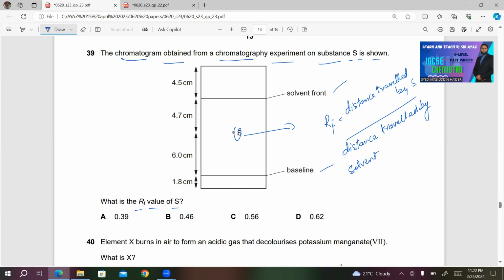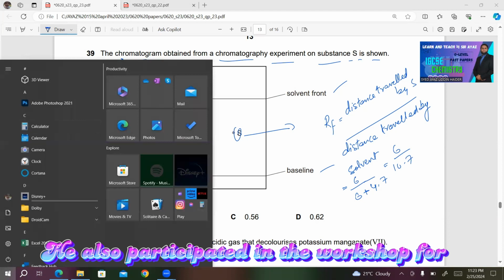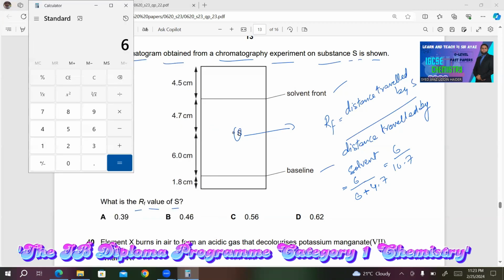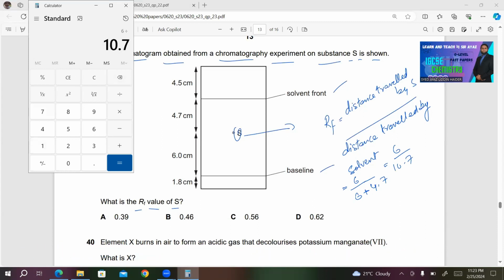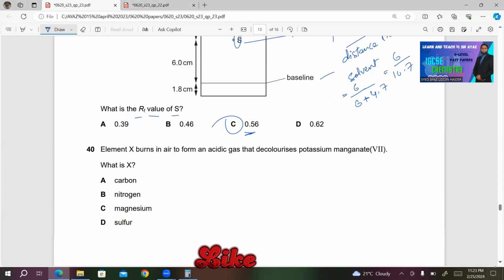So distance traveled by S is 6 and distance traveled by the solvent must be 6 plus 4.7. So it becomes 6 divided by 10.7. If you divide 6 by 10.7, we will get 0.56. So C must be the right answer for this question.